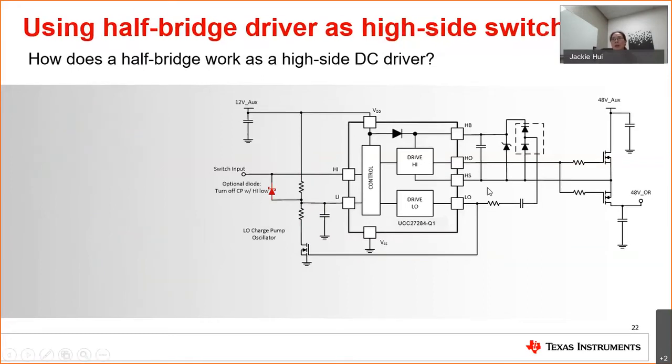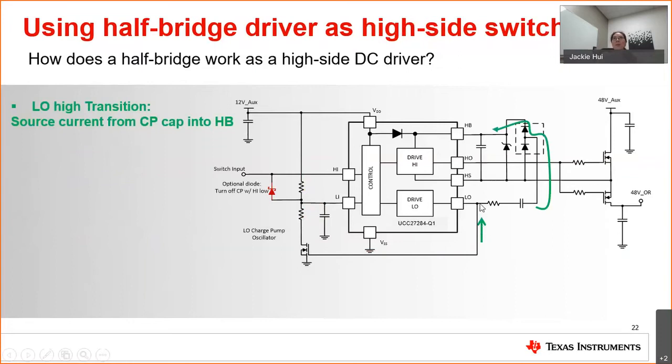So once we have the self-oscillating signal, how does that work for the charge pump? Starting with when the low side output is high, it will push this charge pump cap's DC voltage up.